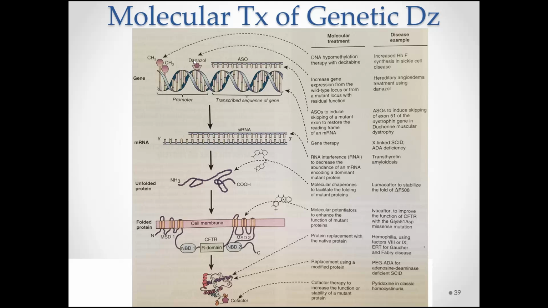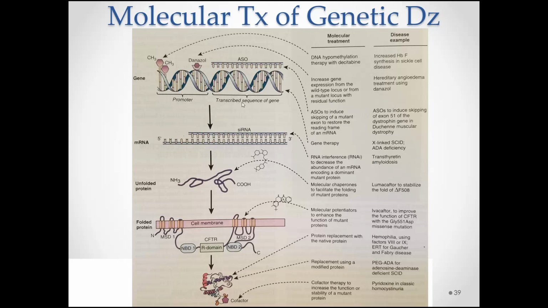There are also drugs used to increase expression of a gene. Danazol, for instance, has been used to treat hereditary angioedema by functioning in the promoter region to increase transcription of that particular gene.